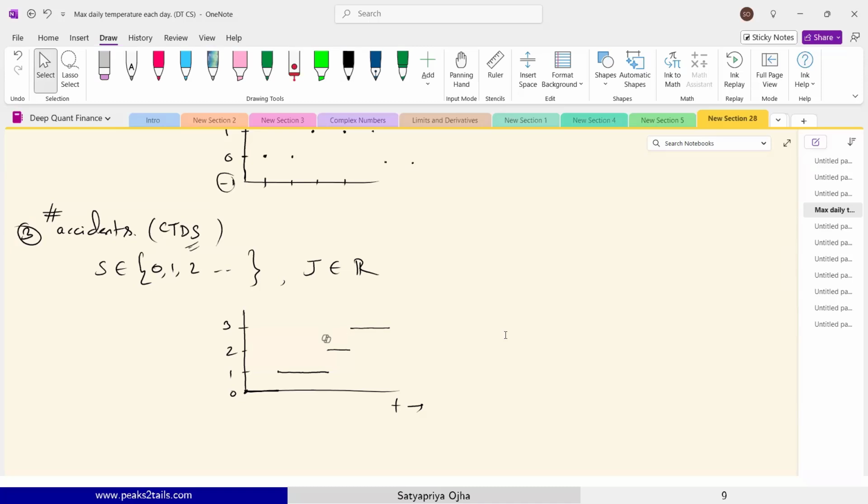So if something, the count of accidents, can get updated anytime, that's why it is continuous time. If accidents only happened on Sundays, then it would be discrete time. Okay. I hope this is clear. Awesome. Now let's move on.